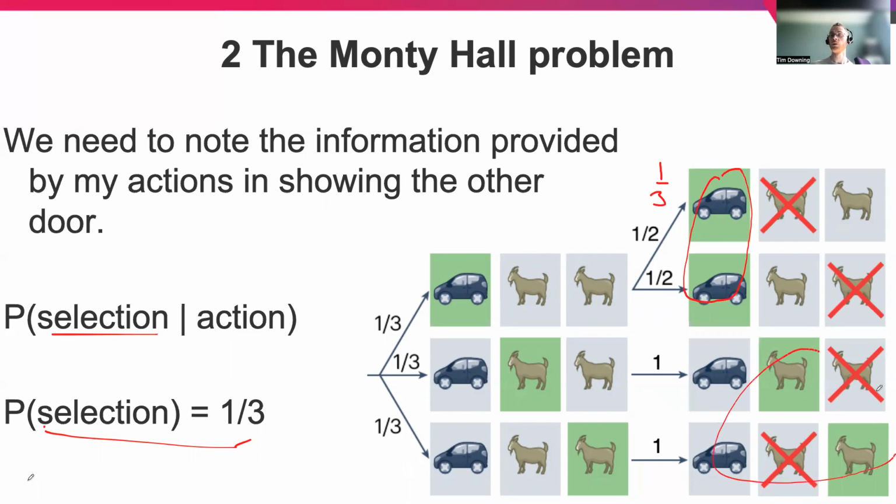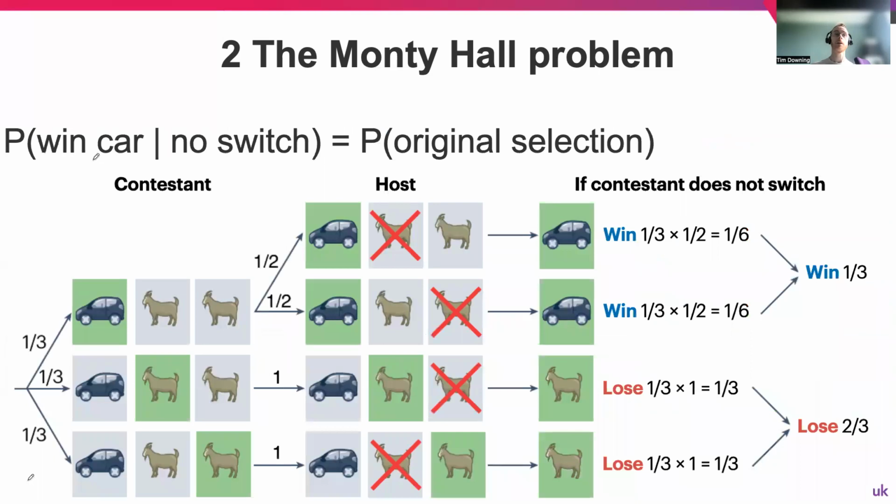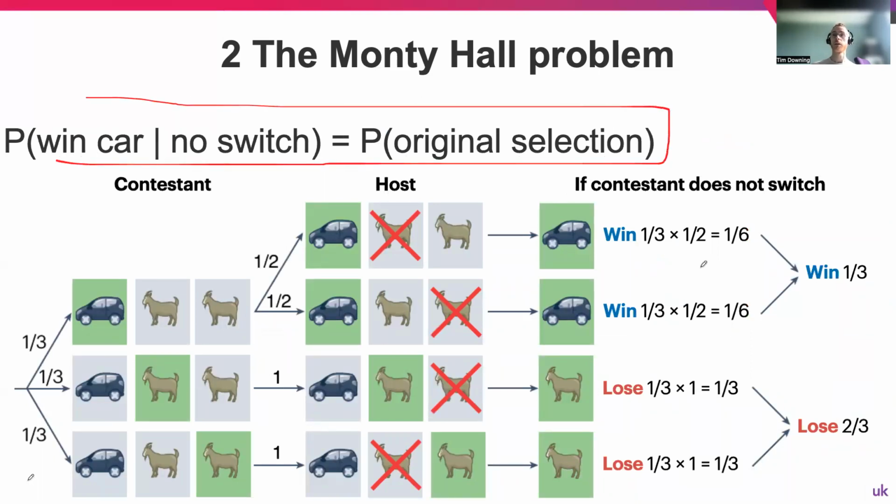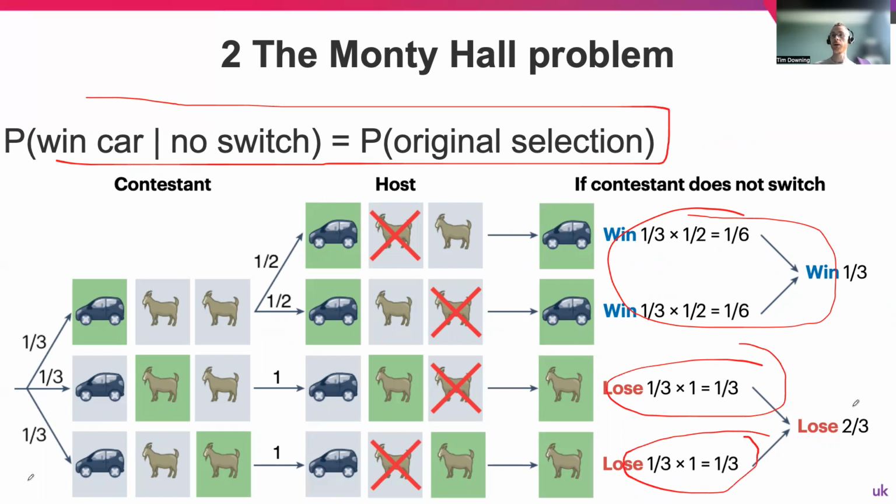However, down below, if we choose either of these 2 options where we just stick with the same selection, that means 2/3 of the time we'll be wrong. So our outcomes are the same as our random selection at the start: 2/3 of the time will be incorrect. The key thing is that the probability of winning the car with no switch is the same as the original selection. We can show that graphically here: 1/3 of options here at the top, 1/3 here for the goat, and 1/3 here for the second goat. So winning and losing, our chances are the same as they are at the start.